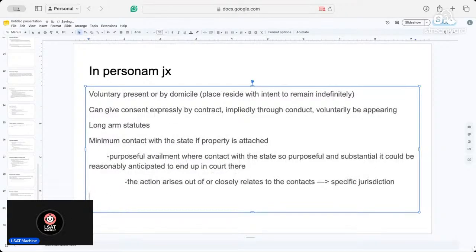If the action is not related to the contacts within the state, then it is general jurisdiction. Okay.